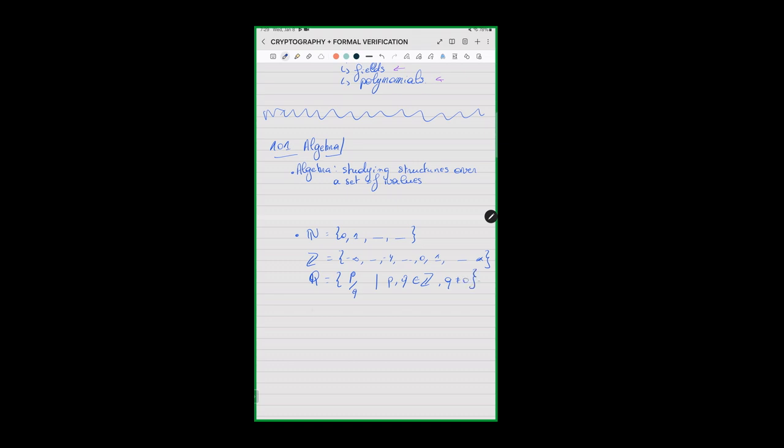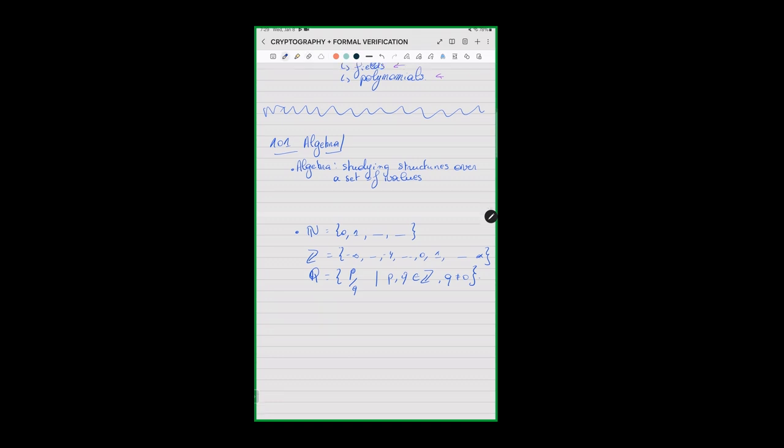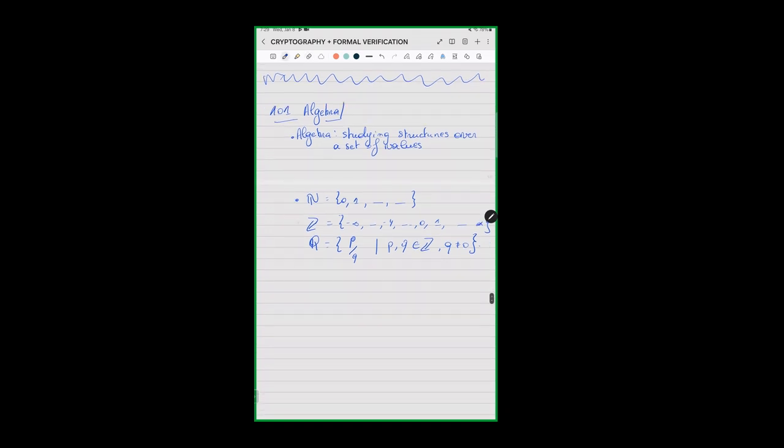And also the real numbers, we all know them. We're not going to use them here because they're not going to be useful. These are the sets.